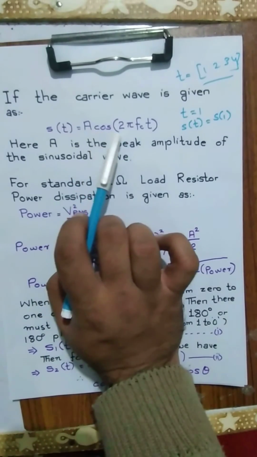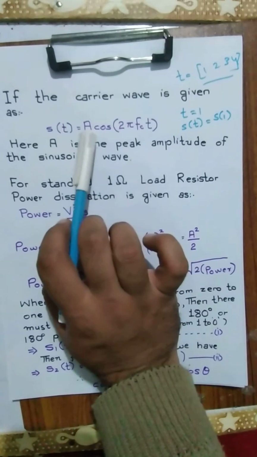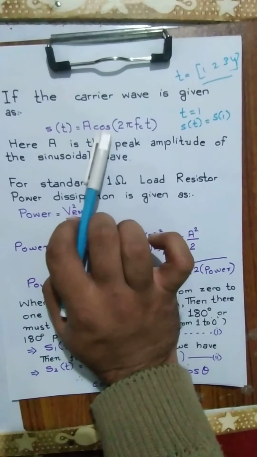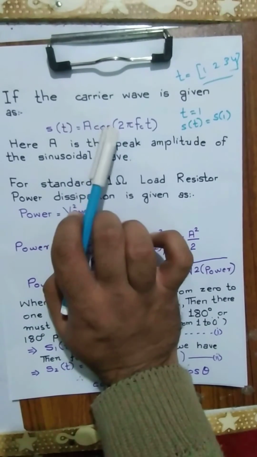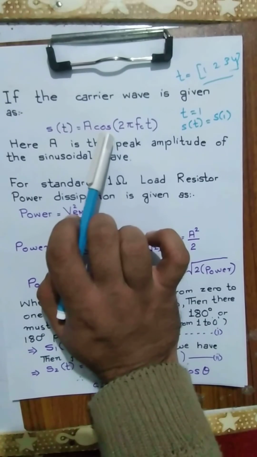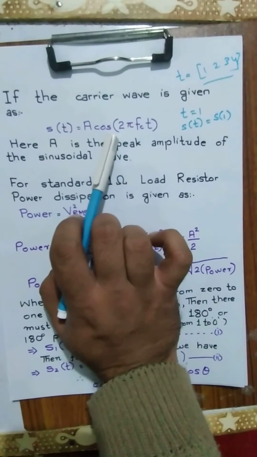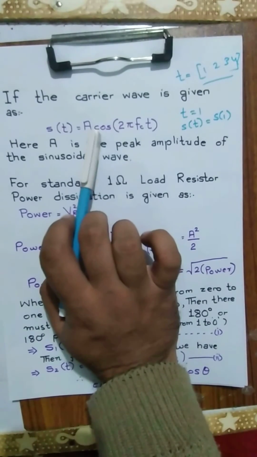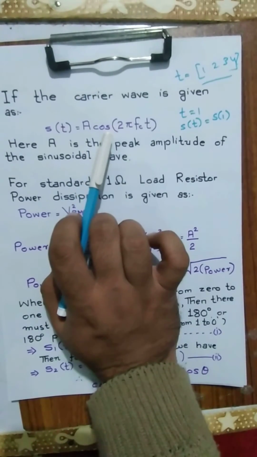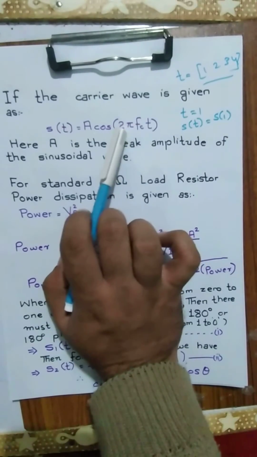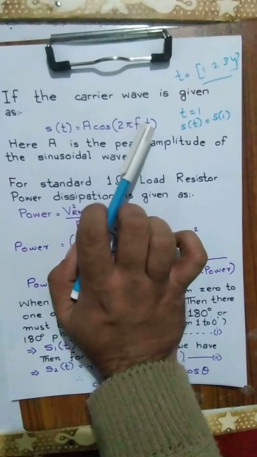So A cos of 2 pi fc t means there is amplitude, then there is cos. Cos and sine, these both functions give us the sinusoidal signals. The whole thing in the bracket is actually theta.